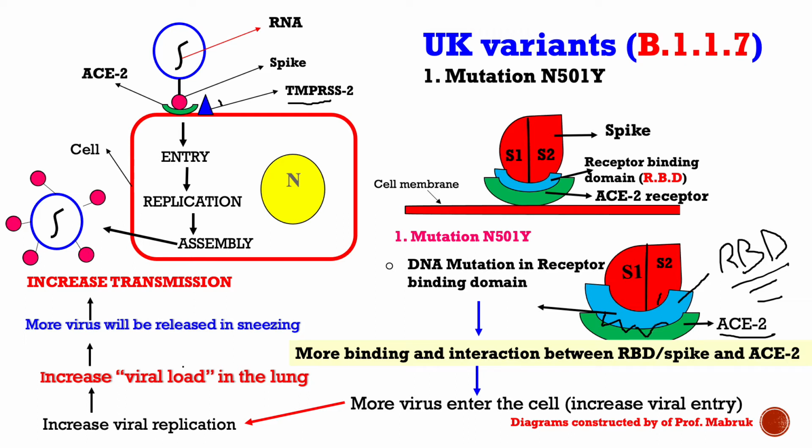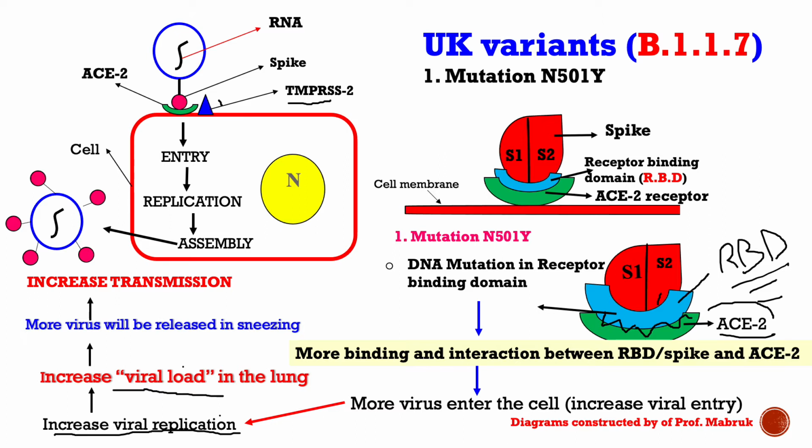This intimate binding between the RBD of coronavirus COVID-19 and the ACE2 receptor will result in more virus entering the cell, so increased entry of coronavirus COVID-19 into the cell. This means an increase in the replication of coronavirus COVID-19, which means an increase in the viral load, especially for example in the lung.